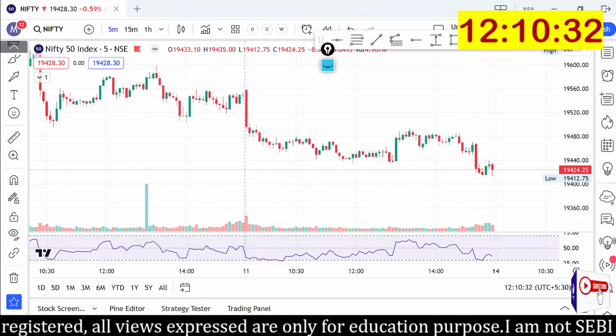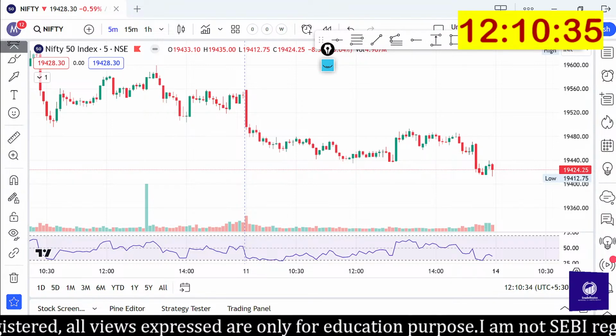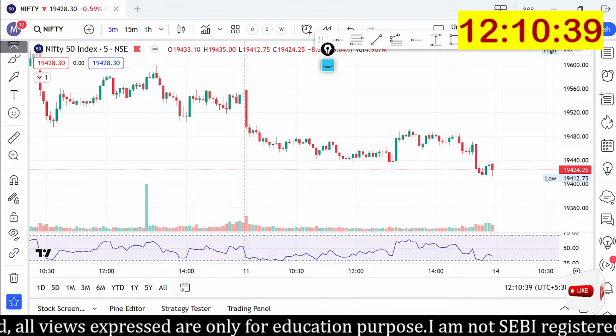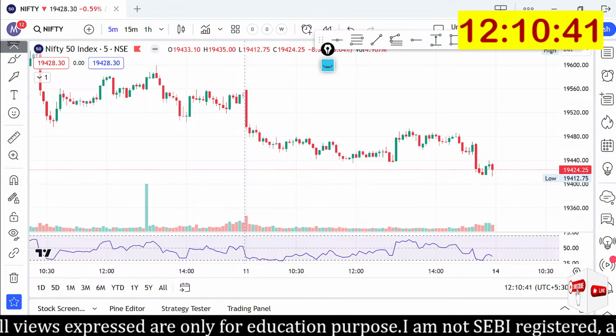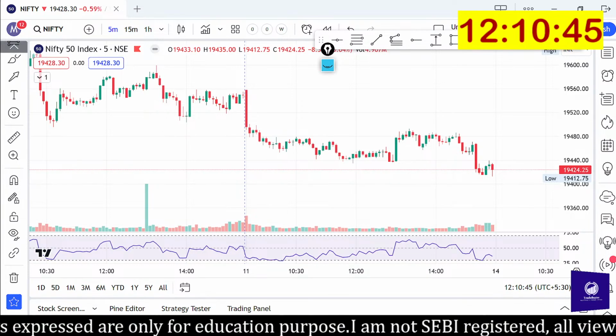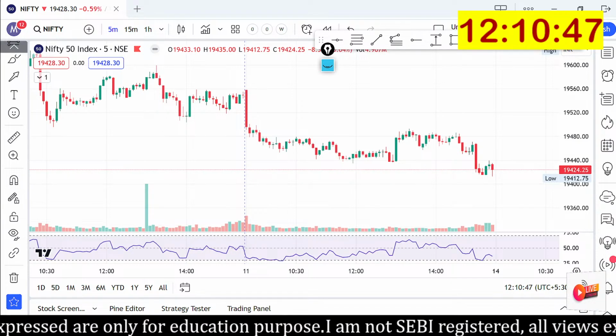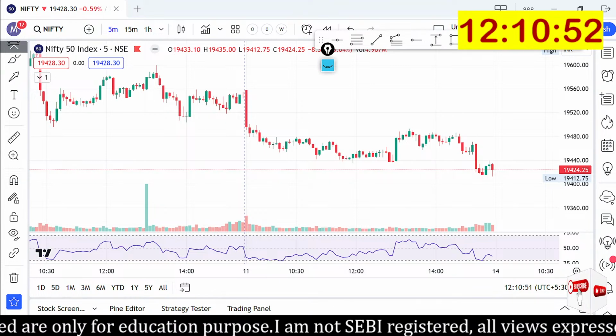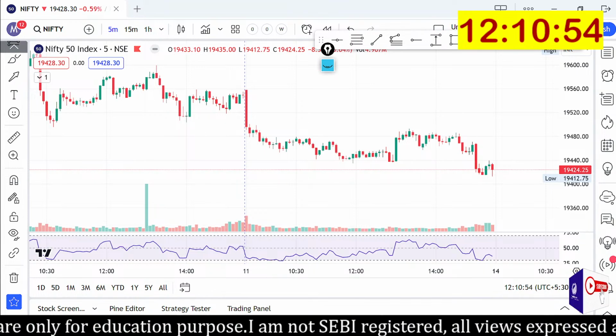Okay, great, Shanmuga. Okay, great, Lalit. Thanks. So, can you just confirm me what could be the three or four important things about price action?